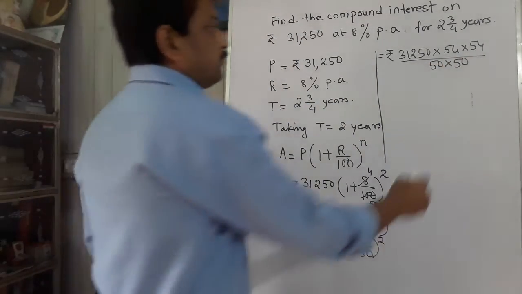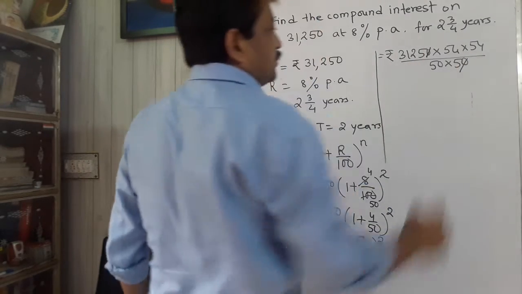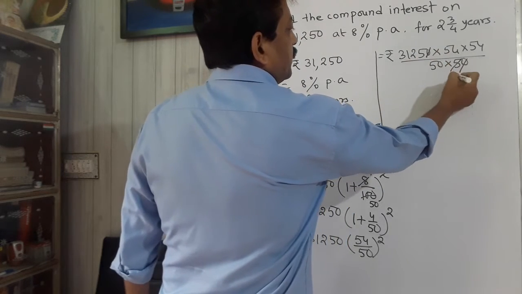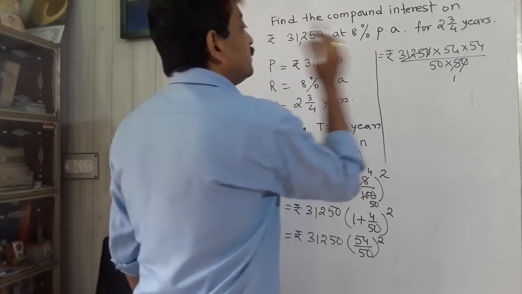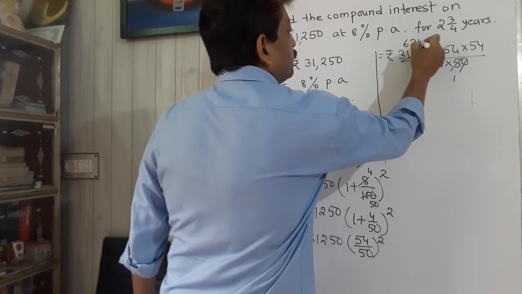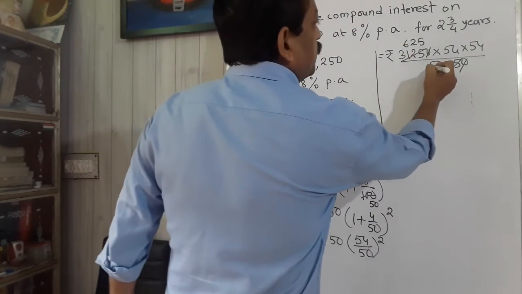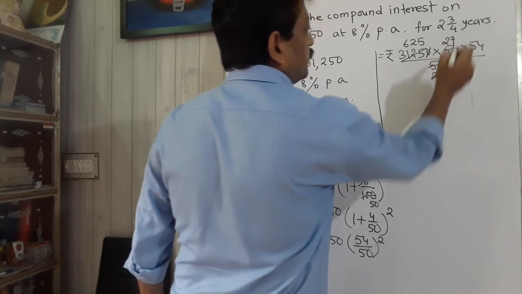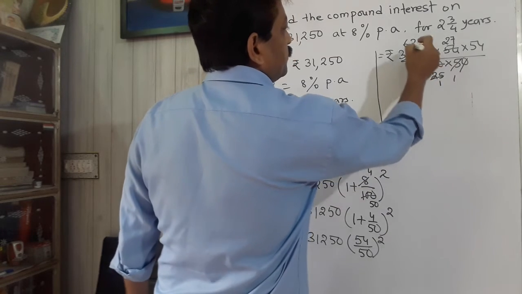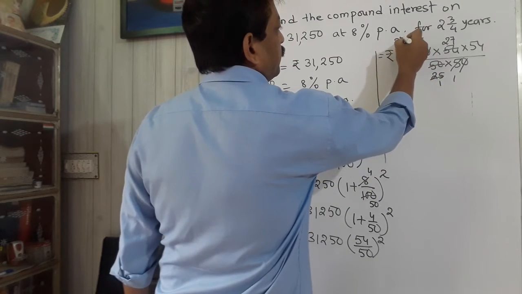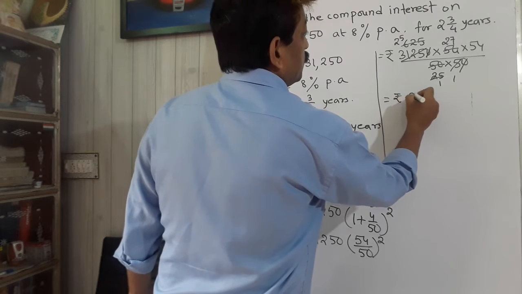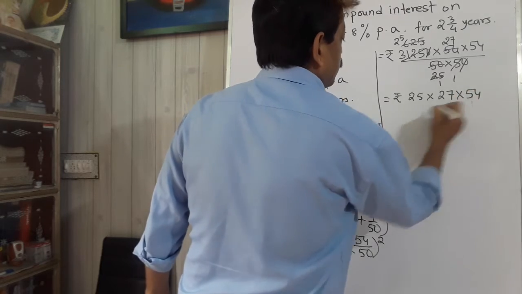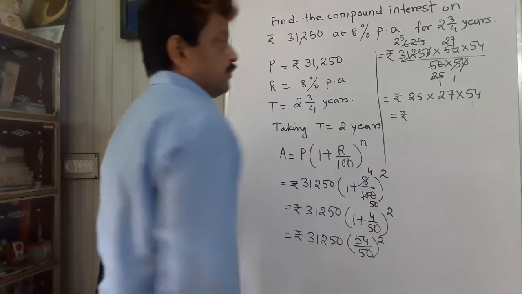So this 0 0 cancelled. 5 into 625 will be... this will be 625. 2 ones are 2... 2 into 50 is 25, 2 into 54 is 27. Then 25 into 25 is 1, 25 into 625 is 25. So it is rupees 25 into 27 into 54. So we have to multiply this.